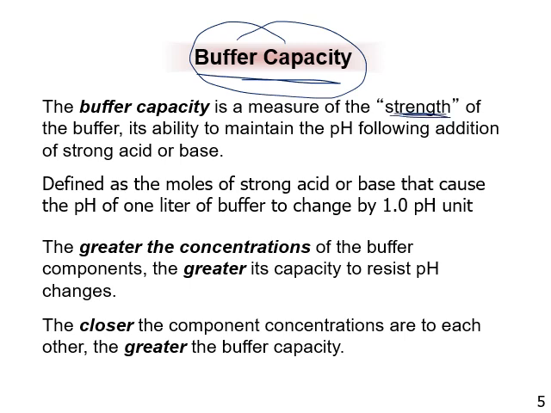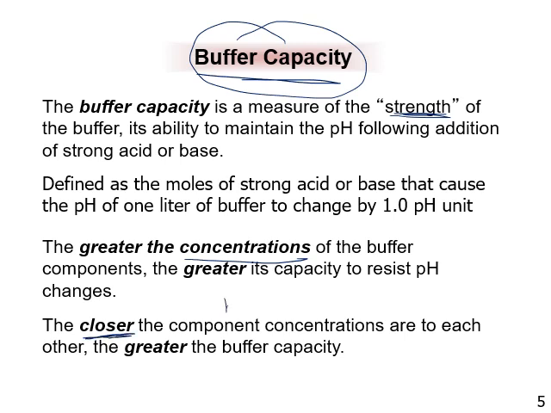And what does the strength depend on? The strength essentially depends on the concentration of the buffer components. Greater the concentration of the buffer components, the more strength the buffer has to resist the change in pH. Similarly, it also depends on the closeness of the concentration of each of the components.